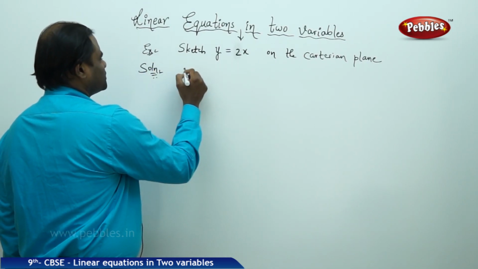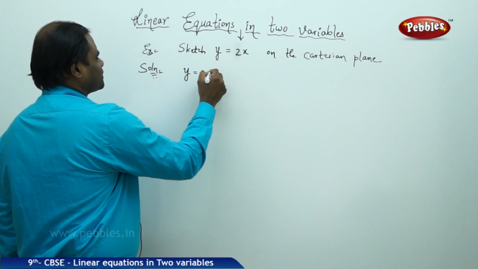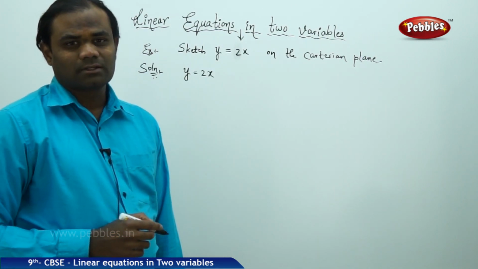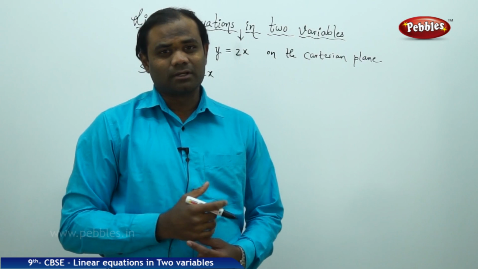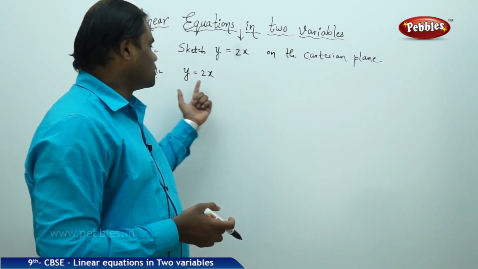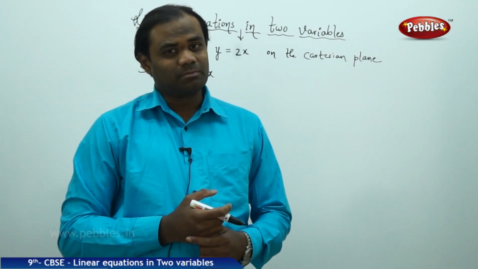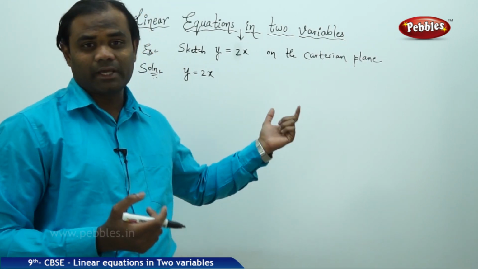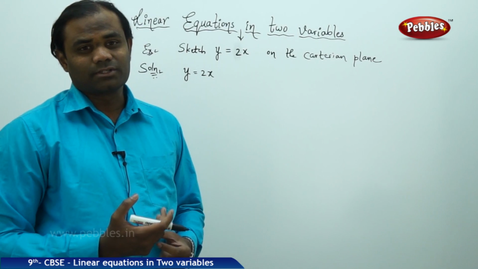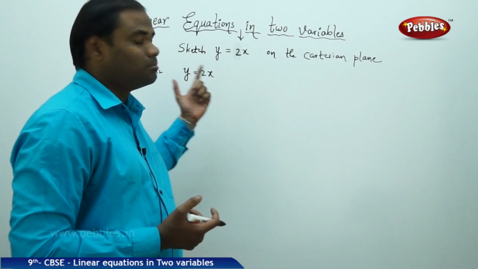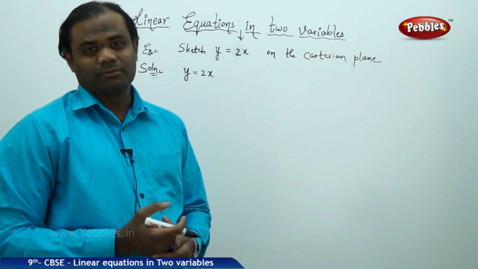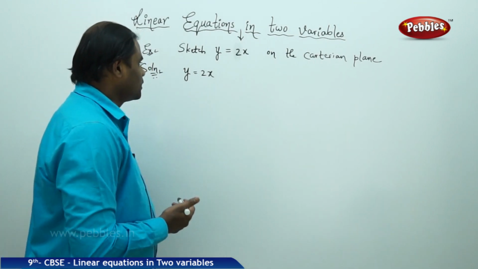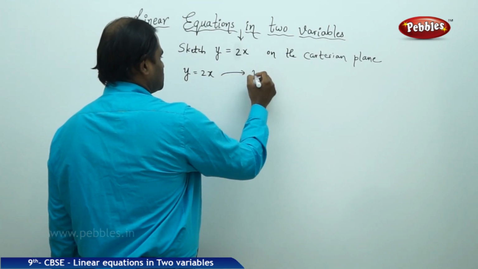Now, as we know that the given equation is y is equal to 2x, where the constant c is missing, it's clearly in the form y is equal to ax plus b, where b is 0. I mean ax plus c or ax plus b, where the constant is 0. Therefore, this line must pass through the origin in the form y equals kx.